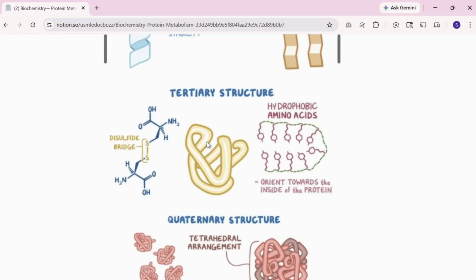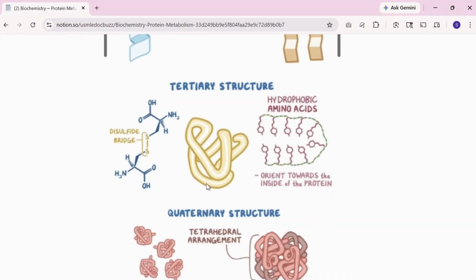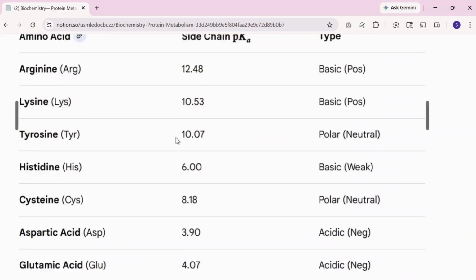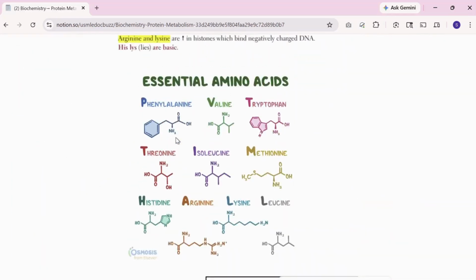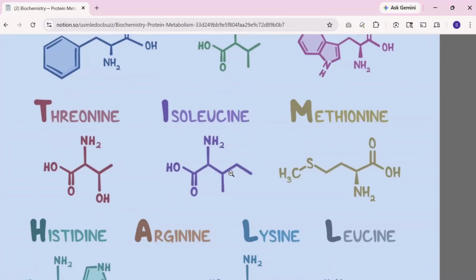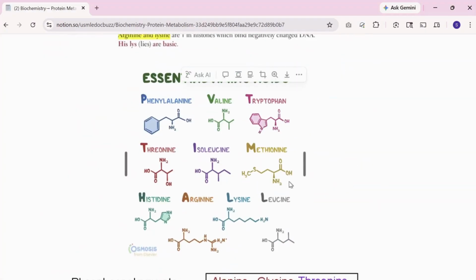If I just go back up here, you look at methionine, the sulfur is bound by the methyl group. When you look at the cysteine structure, cysteine is the only one that can actually make disulfide bonds. So whenever there's a disulfide bond that they're talking about, it's usually cysteine. Quaternary structure, this looks like hemoglobin, a bunch of subunits coming together and making that one large hemoglobin structure.